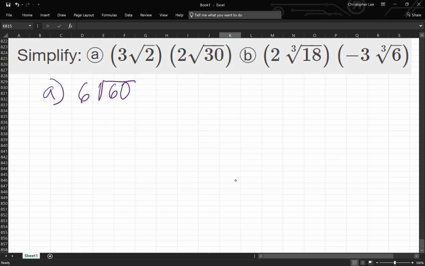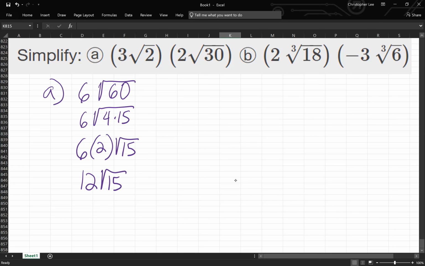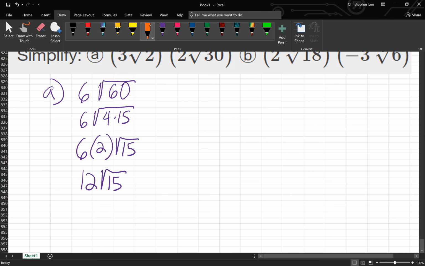Into what? 30 times 2, no. 4 and 15, right? And then the square root of 4 is what? 2, right? So this is 6 times 2, square root 15. And then 6 times 2 is what? So 12 square root 15. That's it. How about B?